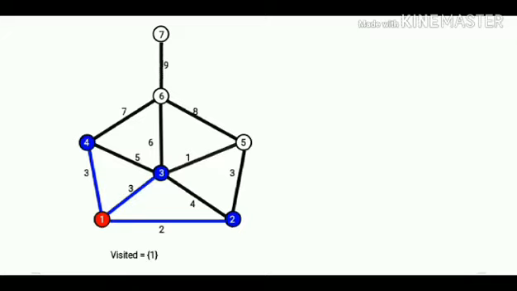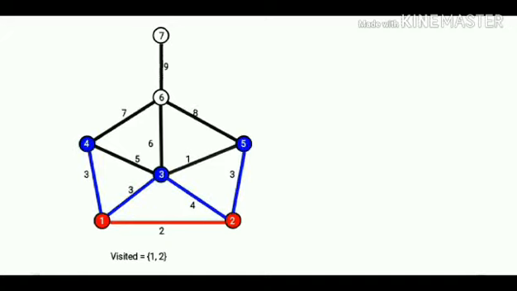Now, examine the vertices reachable from 1 to determine which edge has the smallest weight. In this case, 1 to 2 is lesser than the others. We mark them red as the start of our minimum spanning tree. 2 is now added to the visited list.